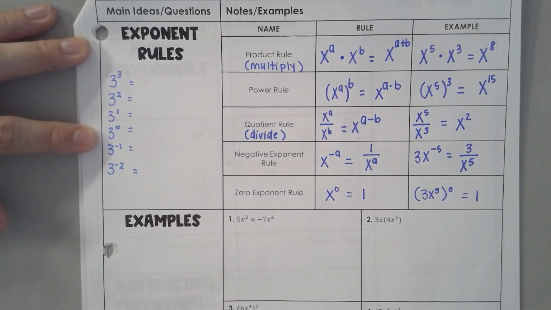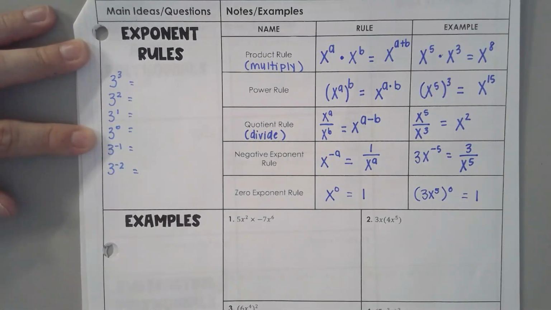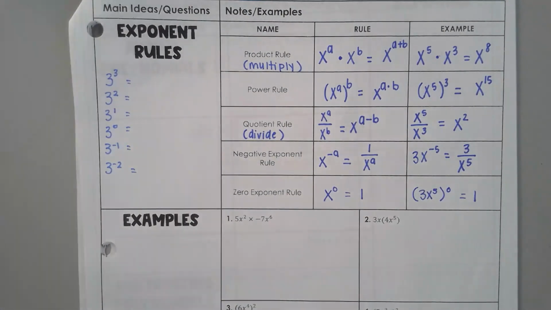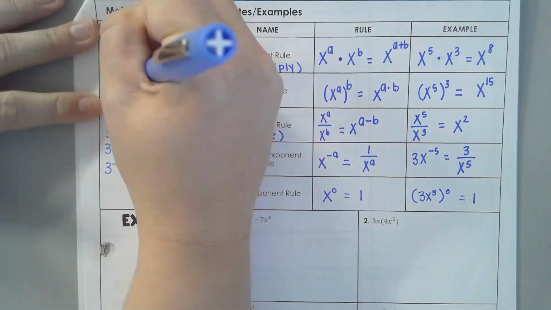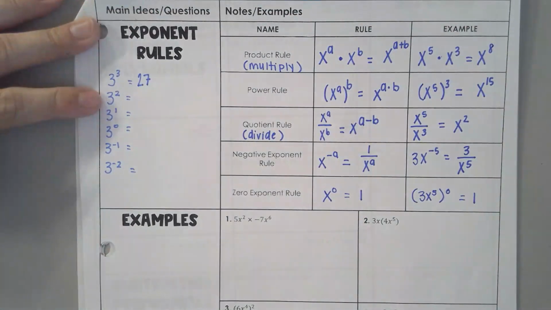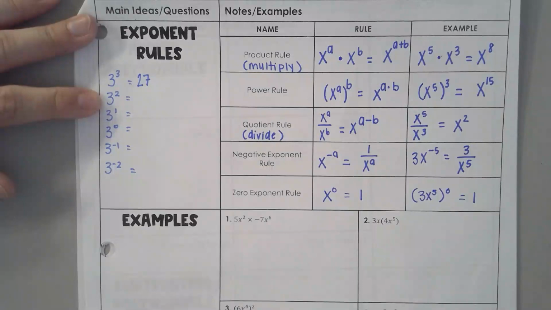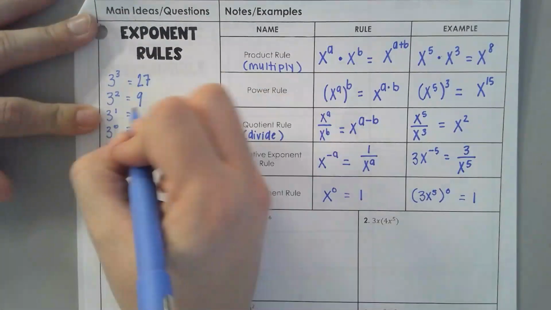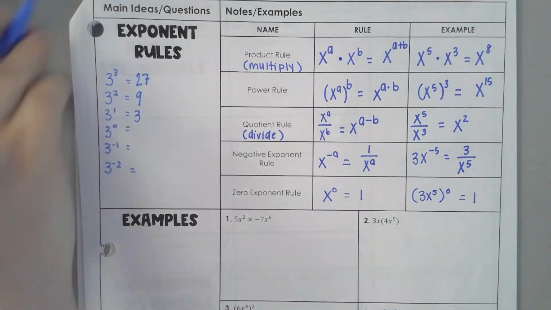So someone tell me, what is 3 to the 3rd power? Not 9. It's 3 times 3 times 3. 27. What is 3 to the 2nd power? 9. What is 3 to the 1st power? 3. Do you notice a pattern?